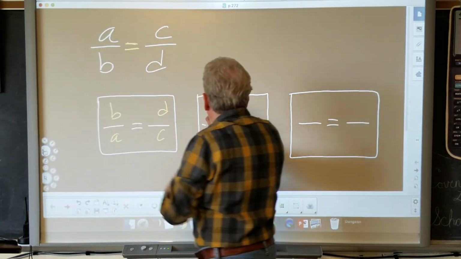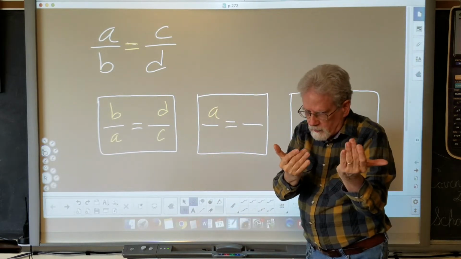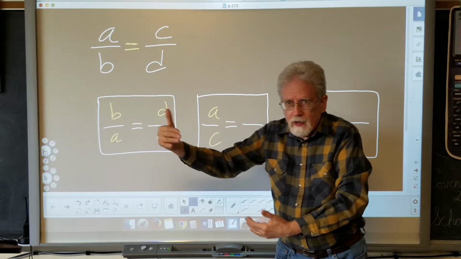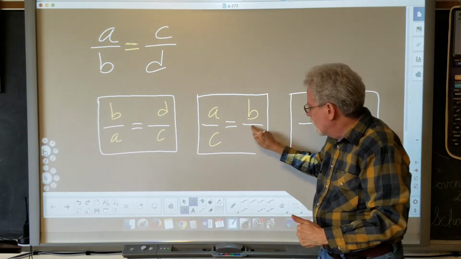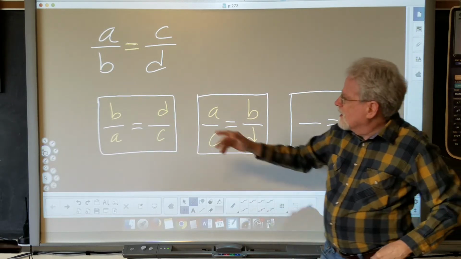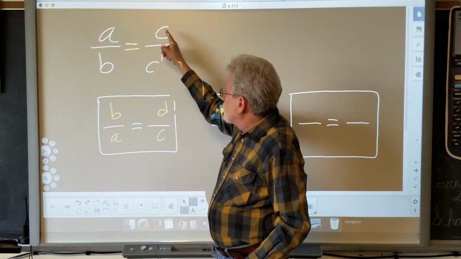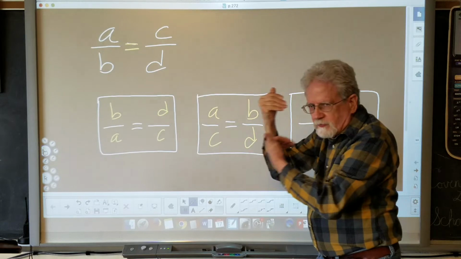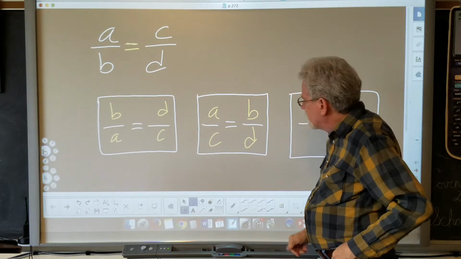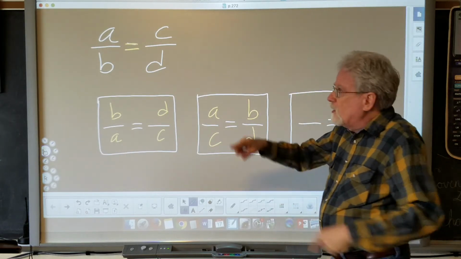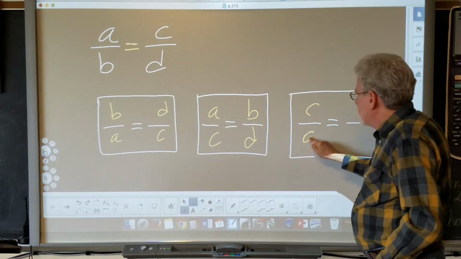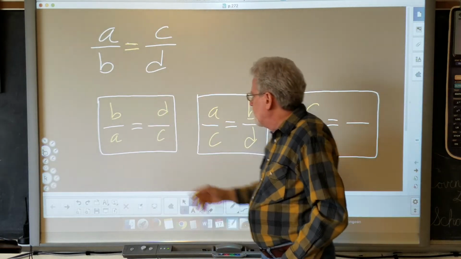That would be A over C equals B over D. Can I go A over C equals D over B? No. You have to be consistent. They must both go the same direction. And we can do what I call sideways backwards, which is C over A equals D over B.